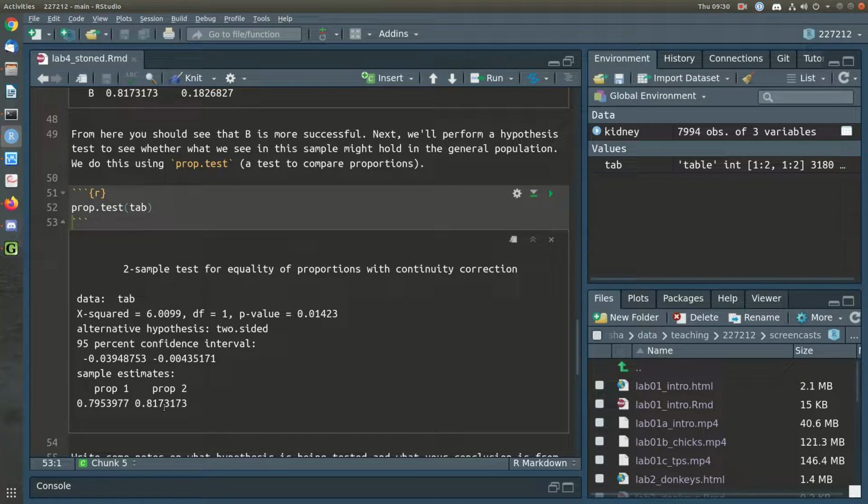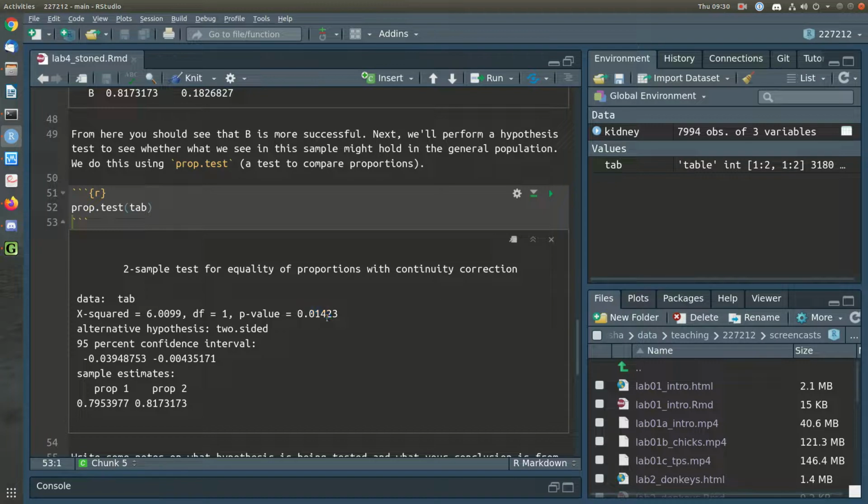So how often would we get a difference as large as 2.2% in a sample if in fact there was no difference in the population? That's what the p-value is telling us. It says the probability of getting a sample where the difference is at least 2.2 is about 1.4%. That's quite low, isn't it?